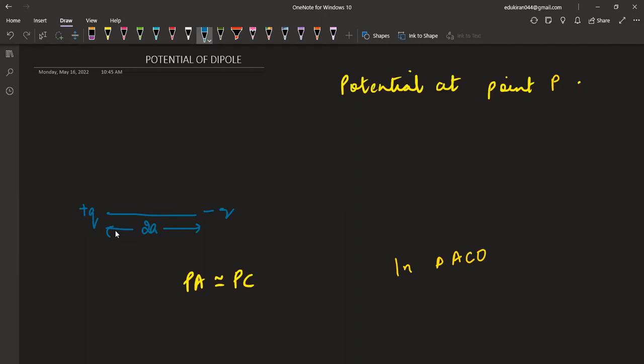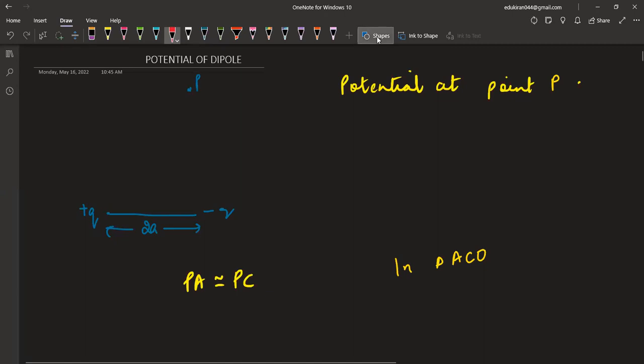This time, what are we deriving? I am deriving this for a general point. Suppose a random point is given. Here I have marked a point, I'm calling this point P. A random point I have drawn.